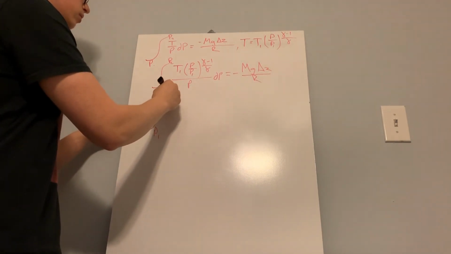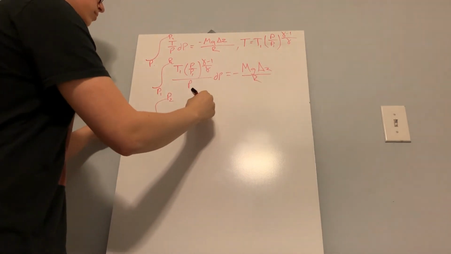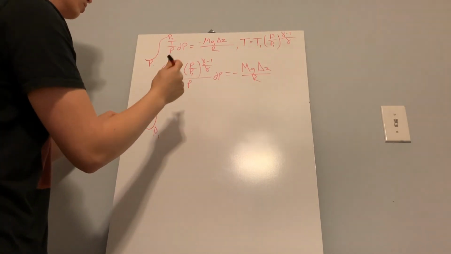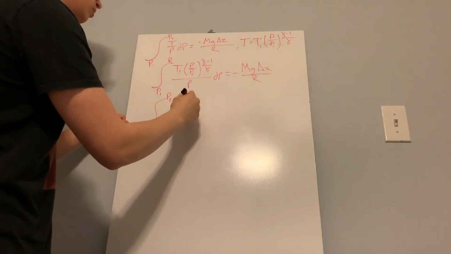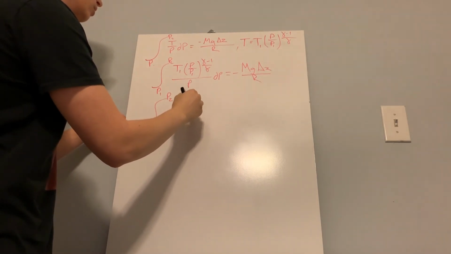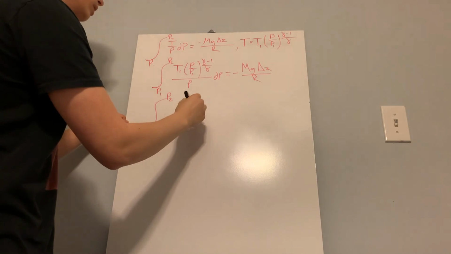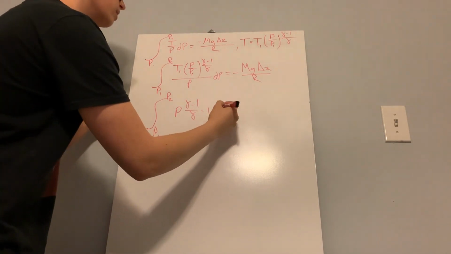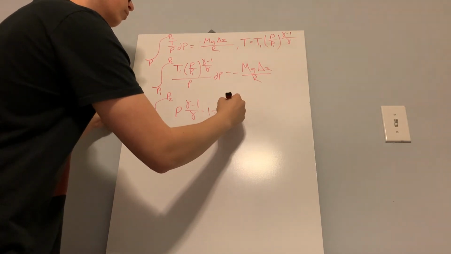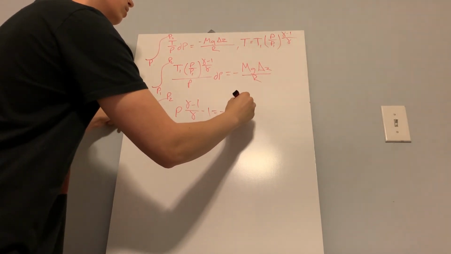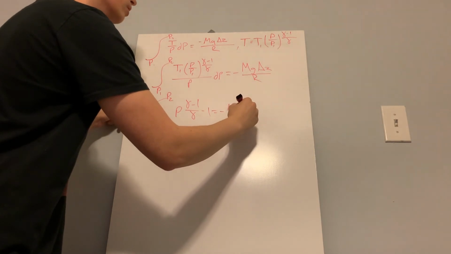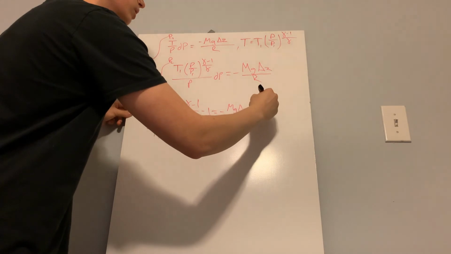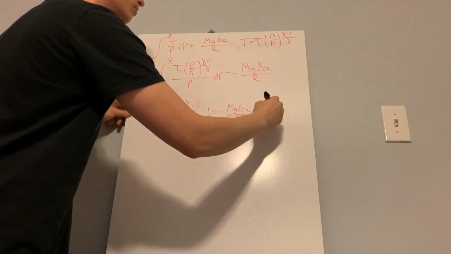So P1 to P2, and then this integral just becomes P to the gamma minus 1 over gamma, and all that is to the minus 1. And then on this side, we have negative mg delta z over RT1, and then we have P1 to the gamma minus 1 over gamma.